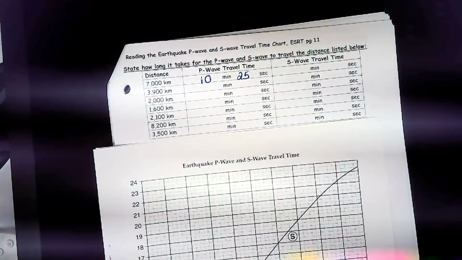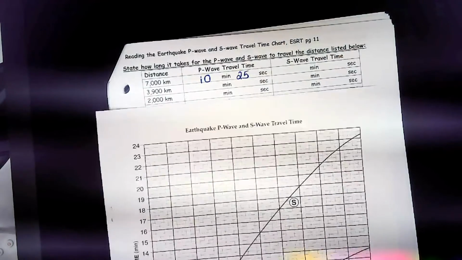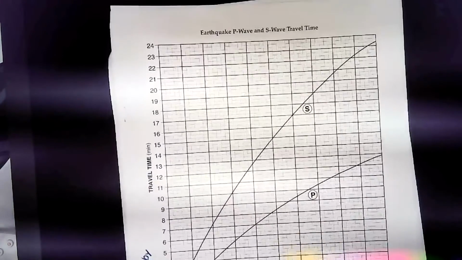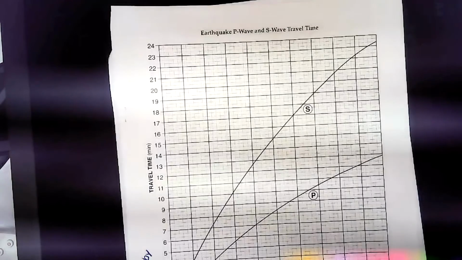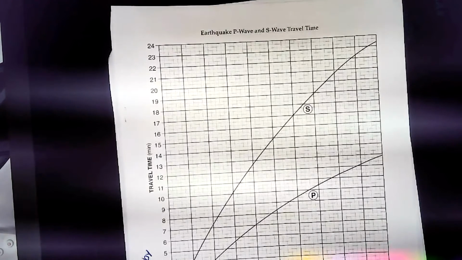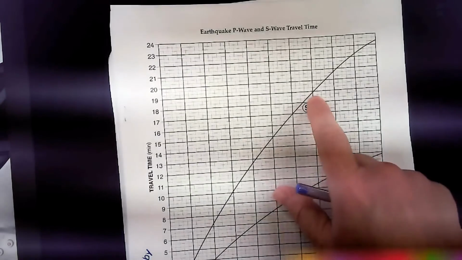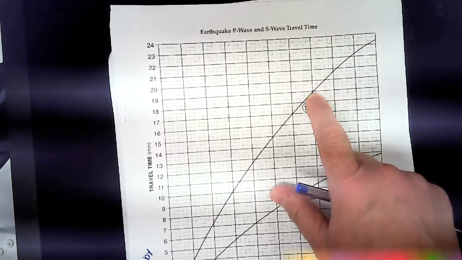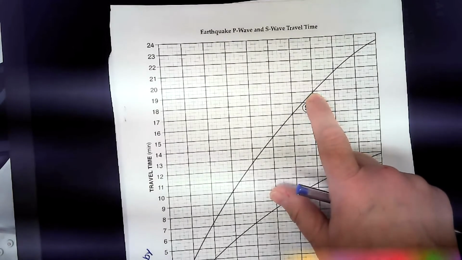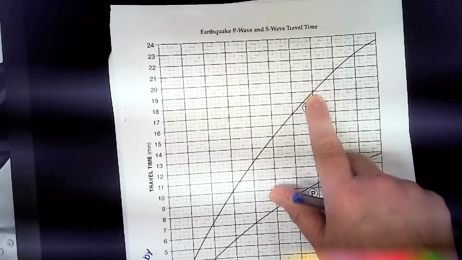Now you do the same thing for the S wave. What are you thinking for the S wave for 7,000 kilometers? 19 minutes, pretty close.